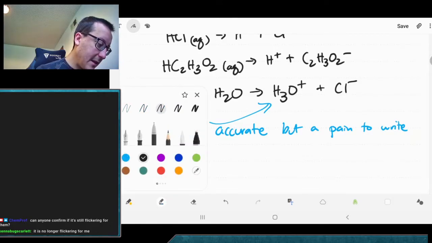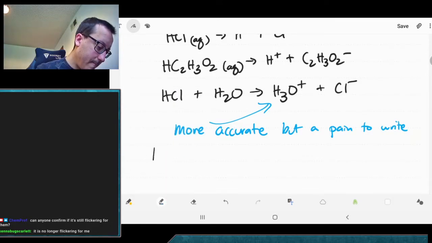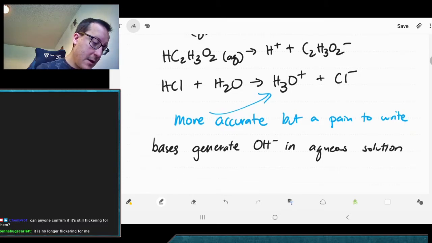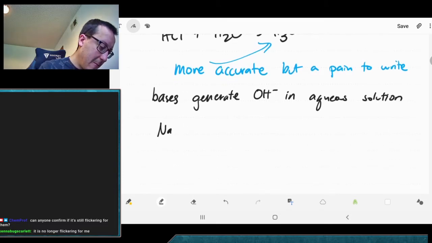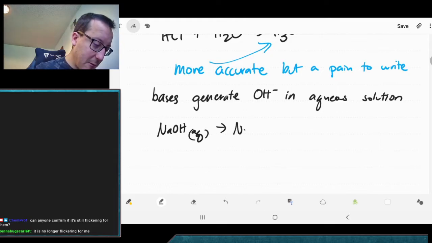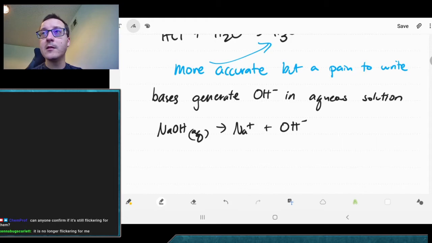Conversely, Arrhenius said that bases will generate OH minus in aqueous solution. So something like sodium hydroxide, a strong electrolyte, will break up into sodium ions and hydroxide ions.